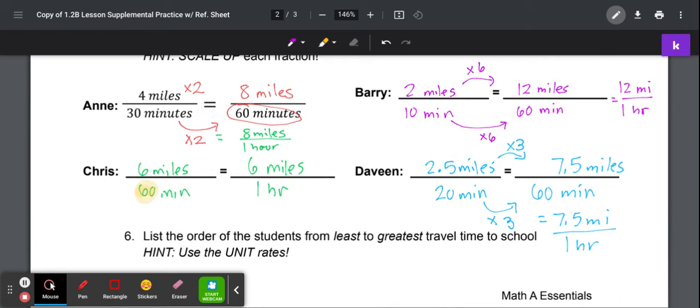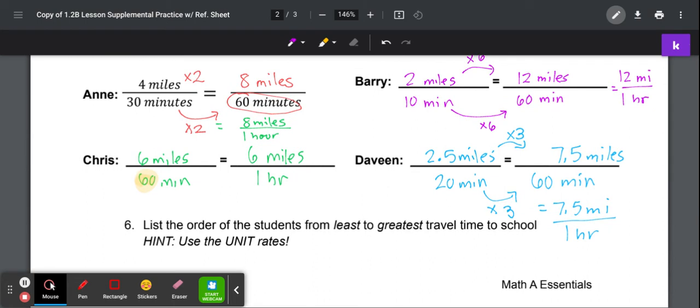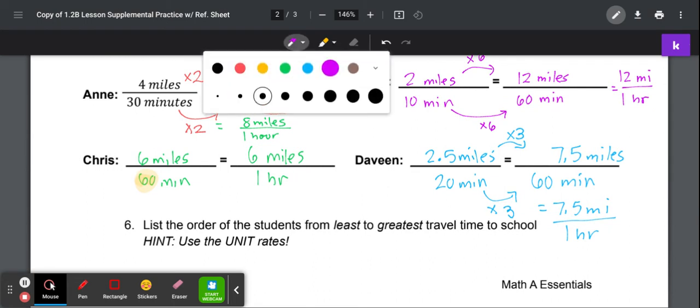So for this part, what you have to think is the least travel time would be who has the fastest rate. So who can travel more miles per hour. So if you notice, Barry can travel 12 miles per hour. That means he's the fastest to getting to school because it takes him the least amount of time, or he can travel more miles in 1 hour.